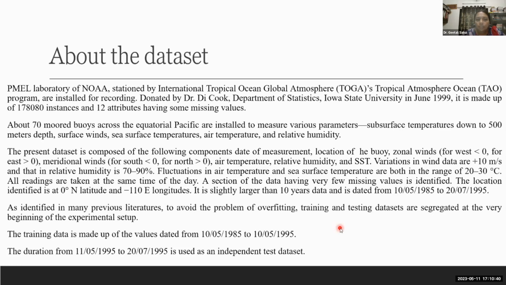To make sure this is taken care of, I initially bifurcated my entire data into 2 slots. The training was from 10 May 1985 to 10 May 1995. That is 10-year data, that is my training data. And 11/5/1995 to 27/1995 is my independent test data set.